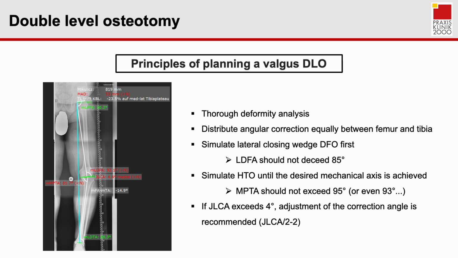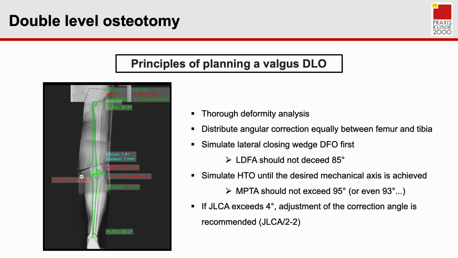At the end of my talk, just a few words on the principle of planning of a DLO. As with every osteotomy, a thorough deformity analysis is mandatory. The angular correction should be distributed as equally as possible between femur and tibia. The lateral closing wedge DFO is simulated first, and the lateral distal femoral angle should not exceed 85 degrees.